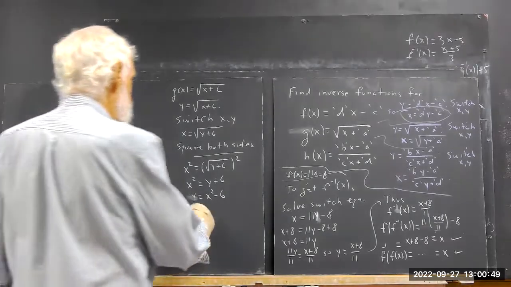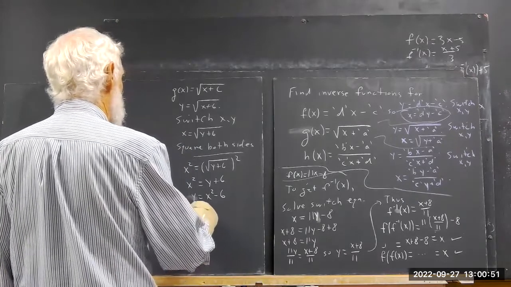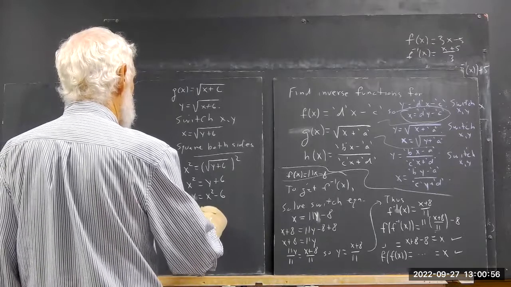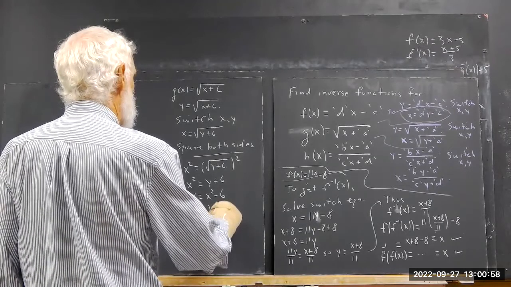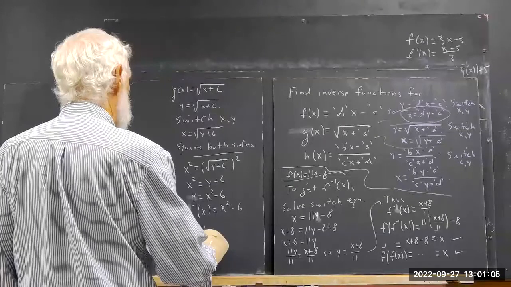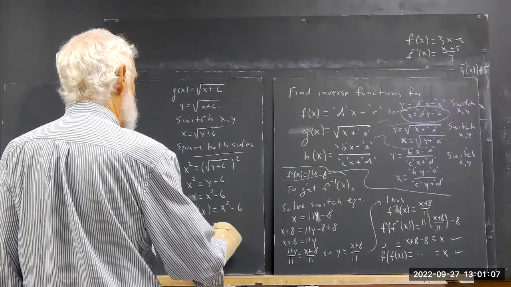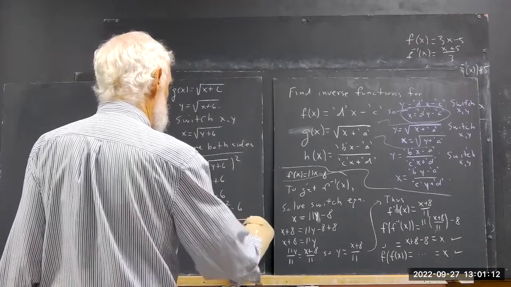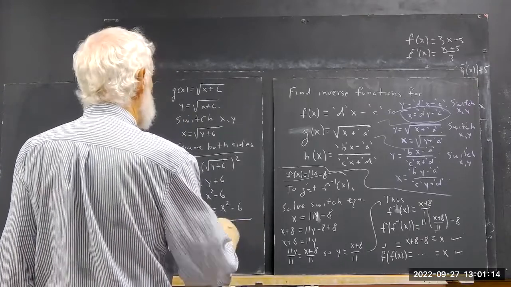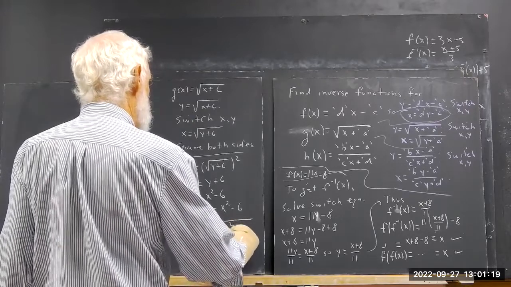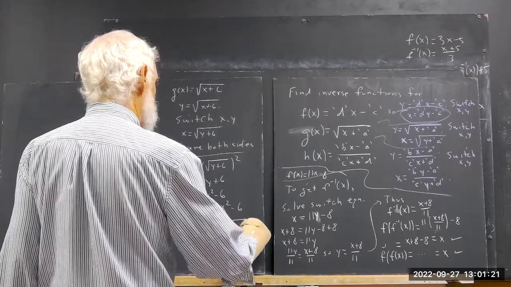Okay. So g inverse of x equals x squared minus 6. Then g of g inverse of x equals, well, g is the square root of x plus 6, so it's the square root of g inverse of x, which is x squared minus 6 plus 6.